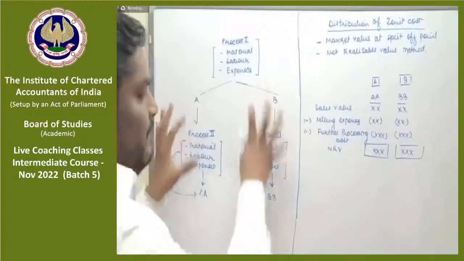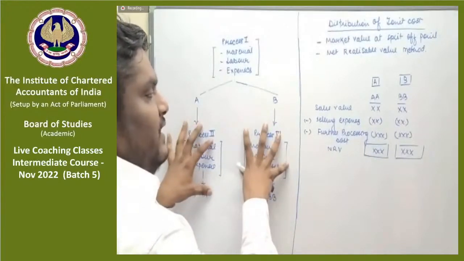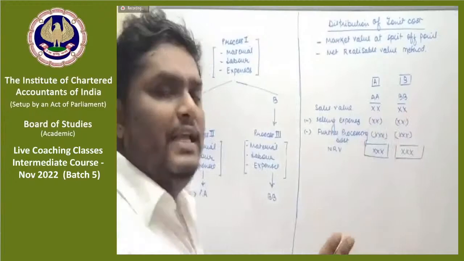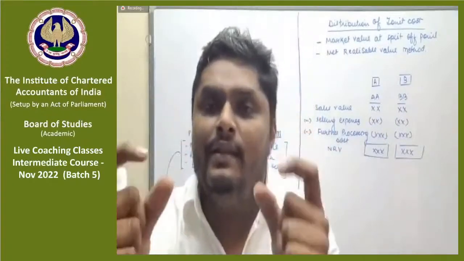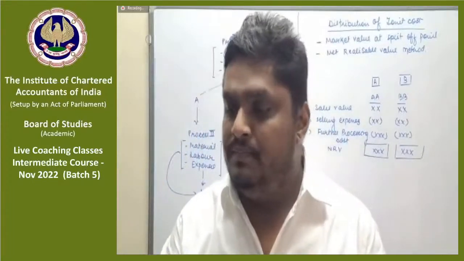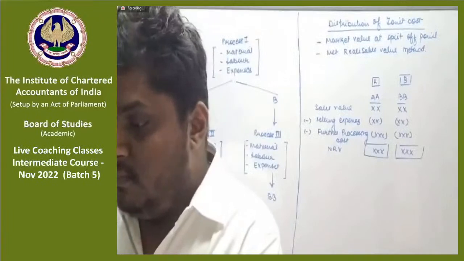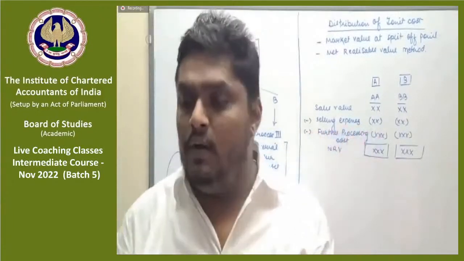We go in reverse: the sales value of double A and double B minus the further processing cost. If any selling expenses are incurred, we also deduct them to calculate the NRV, and the joint cost will be distributed in the ratio of net realizable value.